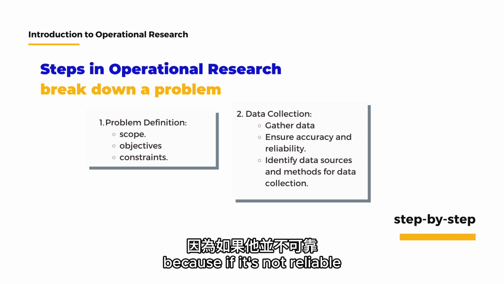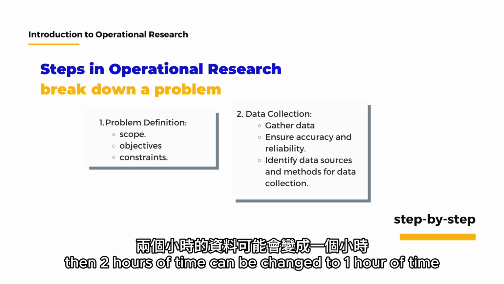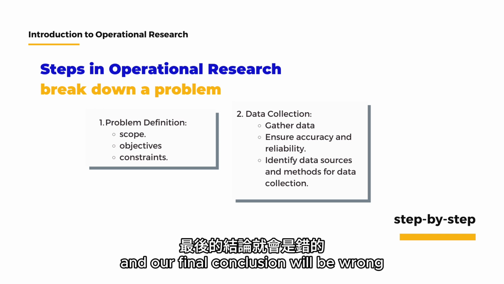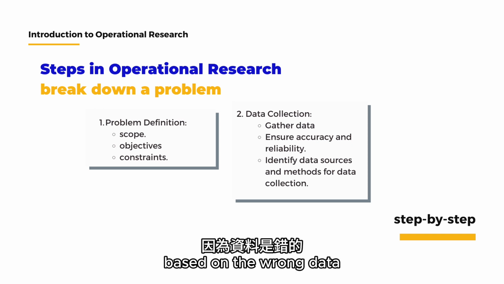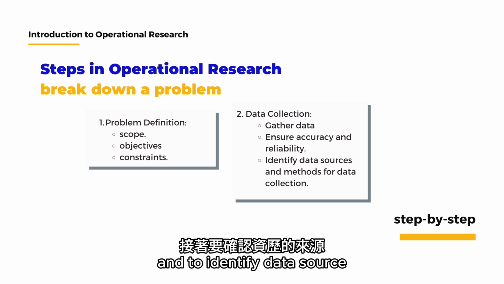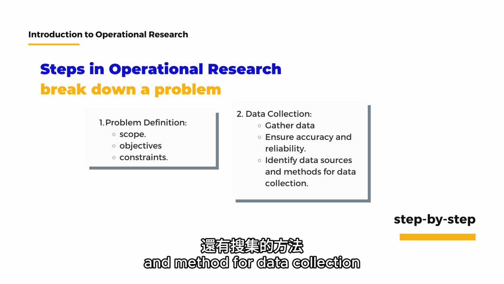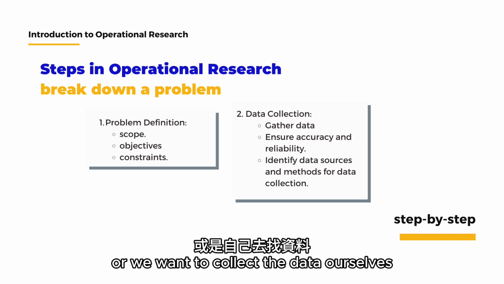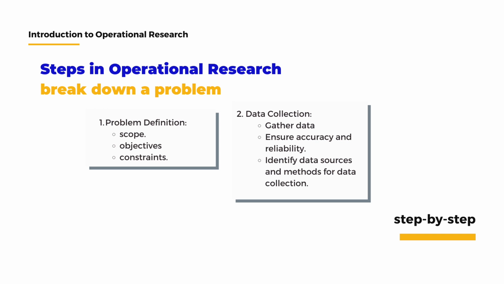Because if it's not reliable, then 2 hours of time can be changed to 1 hour or 3 hours, and our final conclusion will be wrong based on the wrong data. And to identify the data source and method for data collection, maybe we want to ask experts for their first-hand information, or we want to collect the data ourselves.